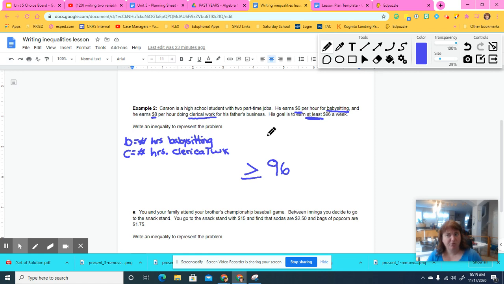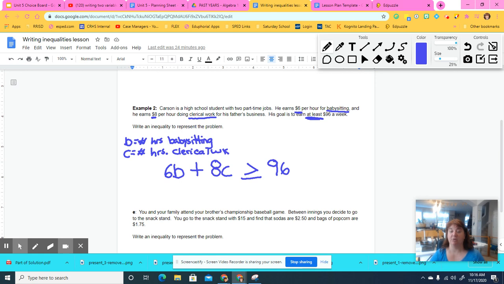When you're calculating how much you make, you take your rate and you multiply it by how many hours. Like if you're making $10 an hour and you work 5 hours, you would say 5 times 10. That's what we're going to do. We're going to say 6 times the number of babysitting plus 8 times the number of clerical, and that needs to be greater than or equal to 96.